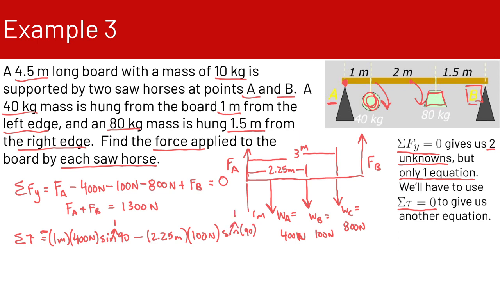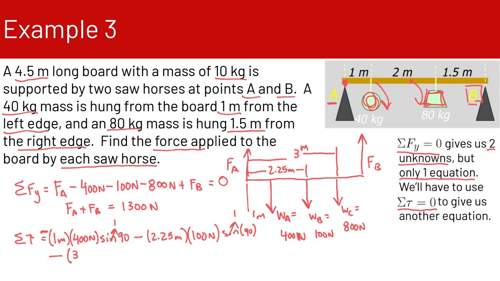Then finally next we have the trapezoid-shaped weight, which is 800 newtons. So it is 3 meters from the left edge, 3 meters from the pivot point.